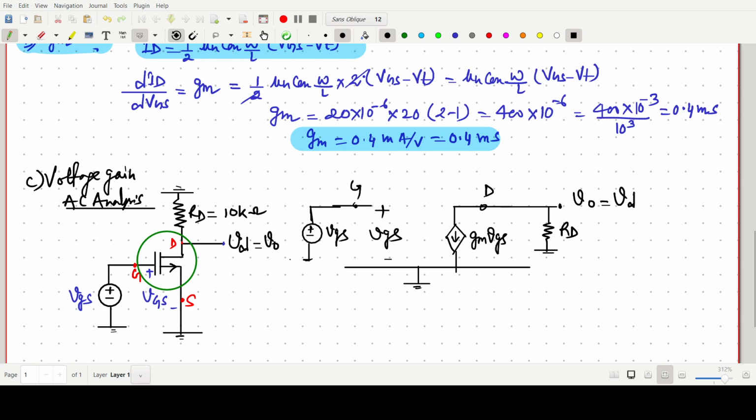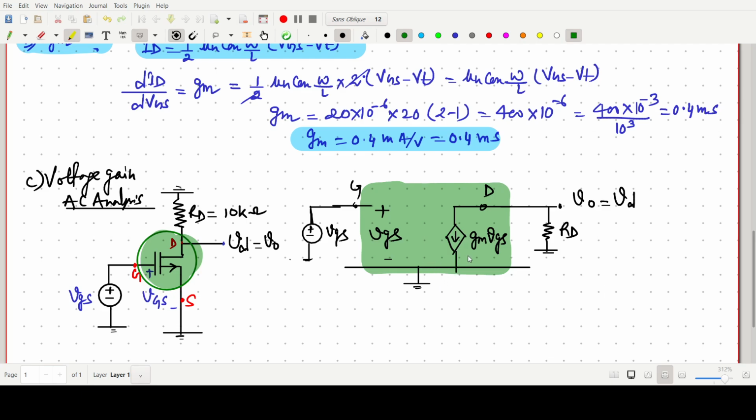So input is this, clear. So this one is the representation: instead of this transistor we have put in this model, okay, a small signal model, clear, very simple.